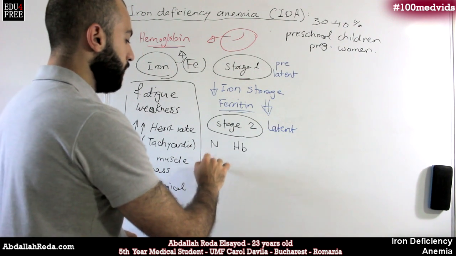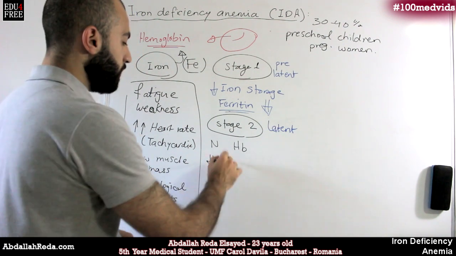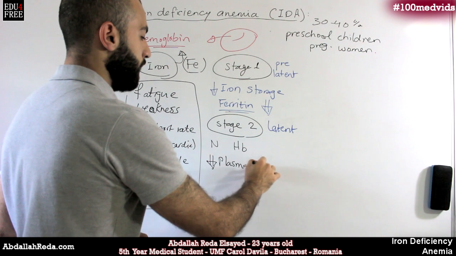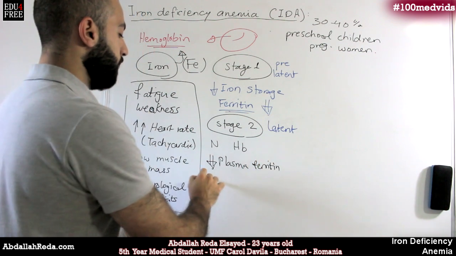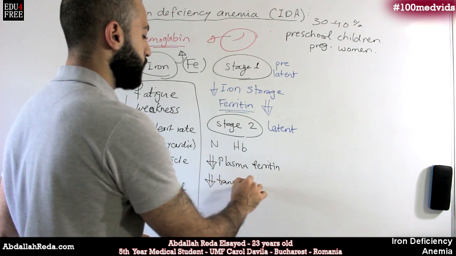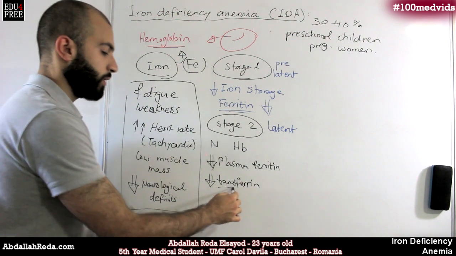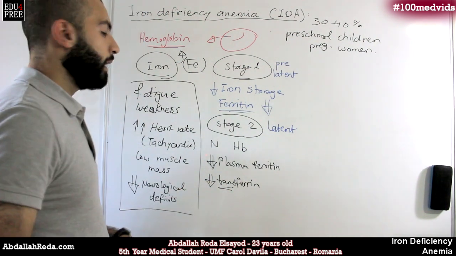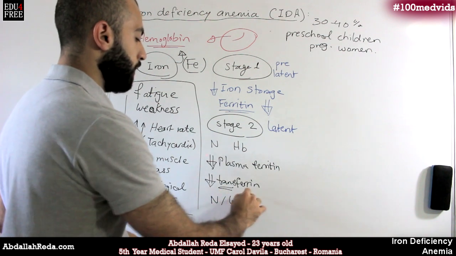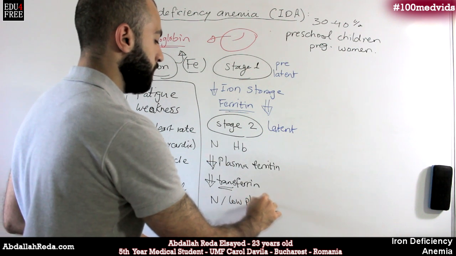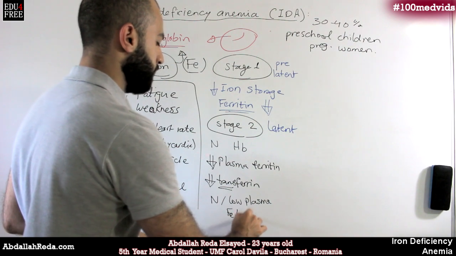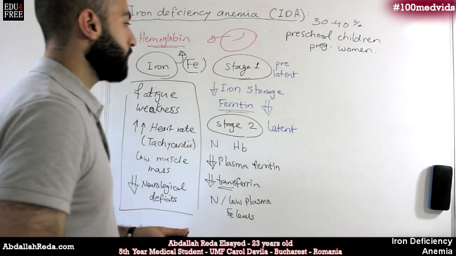We have low levels of plasma ferritin. We have low levels of transferrin. Transferrin is the protein that transfers iron, okay? And we have normal or low plasma iron levels. So that's the second stage.